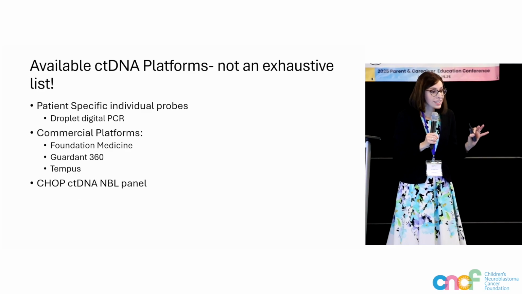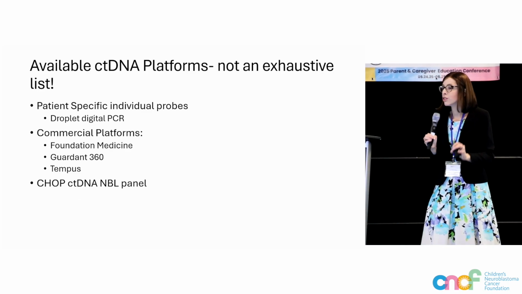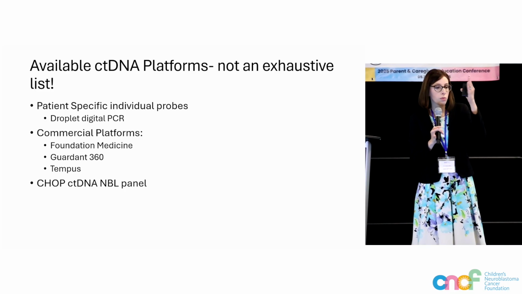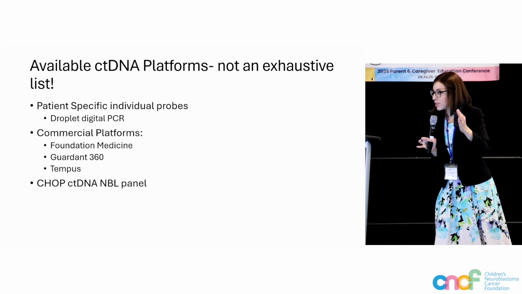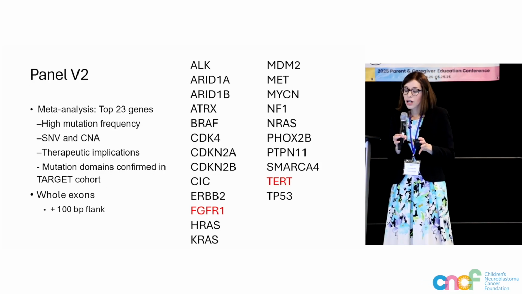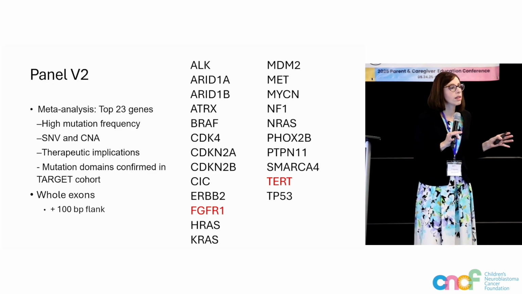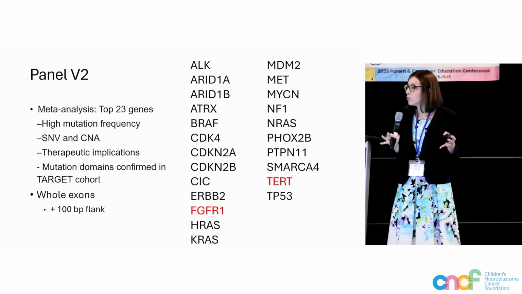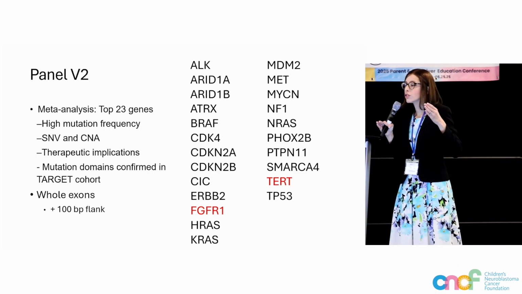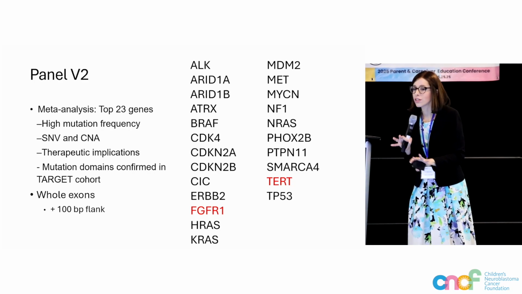And so to address this gap, we developed a neuroblastoma-specific liquid biopsy panel. The technician who works with me is going to be presenting it tomorrow here at A&R. And I'll just spend a minute talking about that. We picked 23 genes that are recurrently mutated and relevant to neuroblastoma, and we designed this panel to target these genes exhaustively.